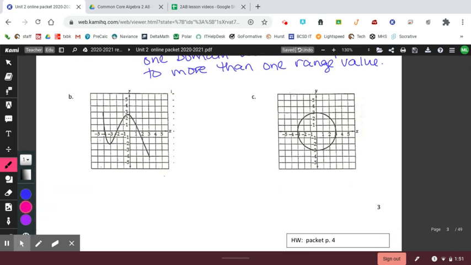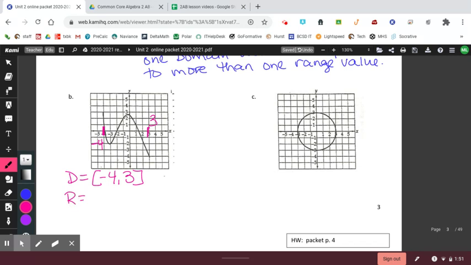All right, if we look at B here, the domain are all your inputs. So now this one, we're not going to list them because it's a graph that's the points are all connected. So it goes from an x value of negative 4, and there's no open circle there, all the way out continuous to an x value of 3. So the domain would be negative 4 to 3.